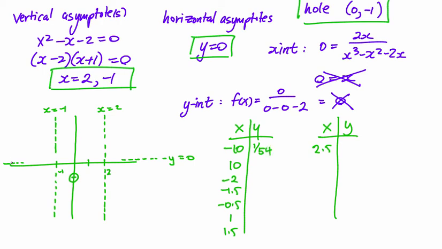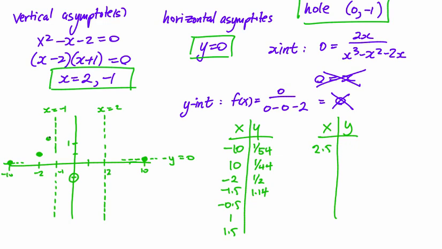So at negative 10, I'm at positive 1 over 54, so just right above the x-axis. At positive 10, I'm at 1 over 44, so again here at positive 10, I'm just above the x-axis. At negative 2, I'm at a half, so here's negative 2. Let me make that worth 1, so I'm right here. At negative 1.5, I'm about 1.14, so 1.14 is up here somewhere.